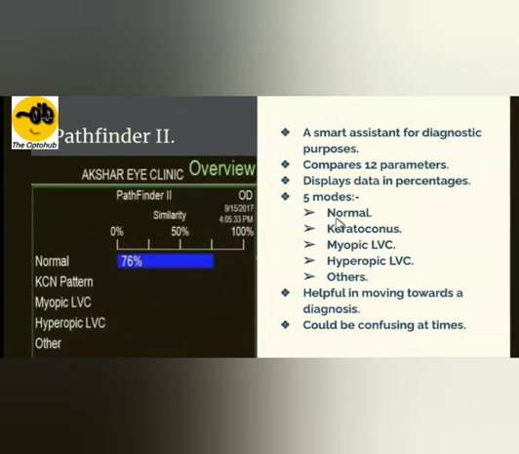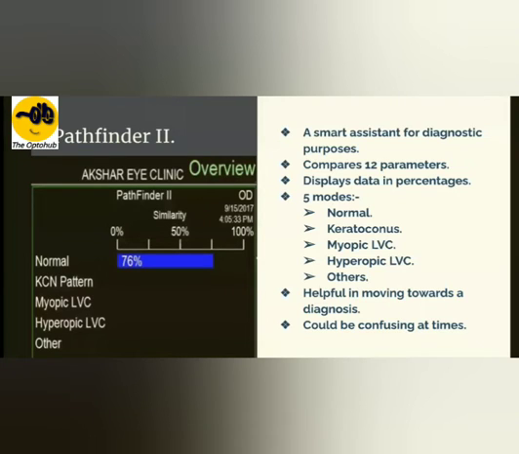Right. So next one is Pathfinder. Pathfinder is nothing but artificial intelligence that tells you that this cornea may be normal, or may be having keratoconus, or has undergone myopic laser vision correction, hyperopic laser vision correction, or some other patterns. As I told you previously, the mean curvature has the CIM, TKM, and shape factor.